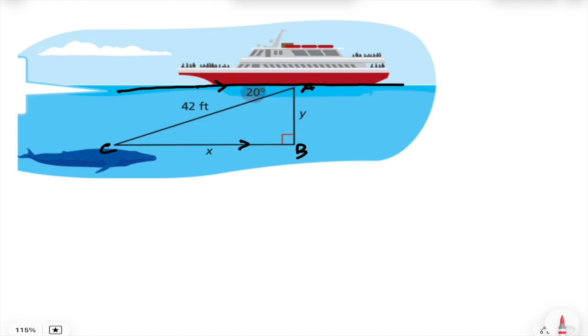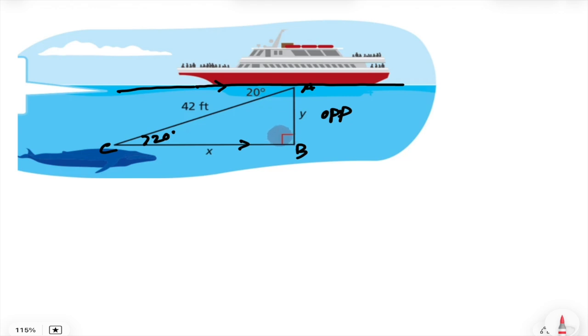Okay, then that means 20 degrees. If this one is 20 degrees, that one also will be 20 degrees. It is called alternate angle. So we have an angle here of 20 degrees, and the opposite side of this one is y, so it is opposite.